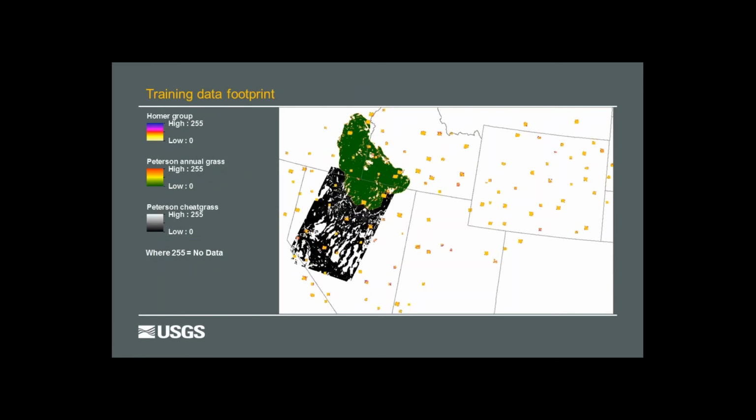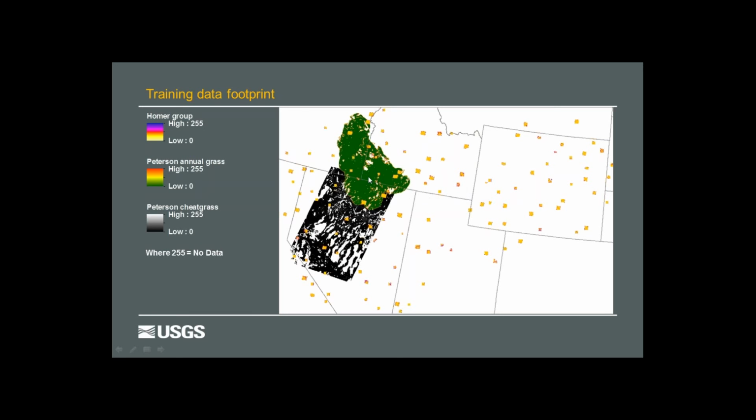Okay, this is the training data footprint. The green area is where we gathered data from Peterson's Oahe Uplands data set. The black area shows where we got his data from the Northern Nevada data set. And then the orange data, or chips, that's where we used Homer's subgroup data sets.